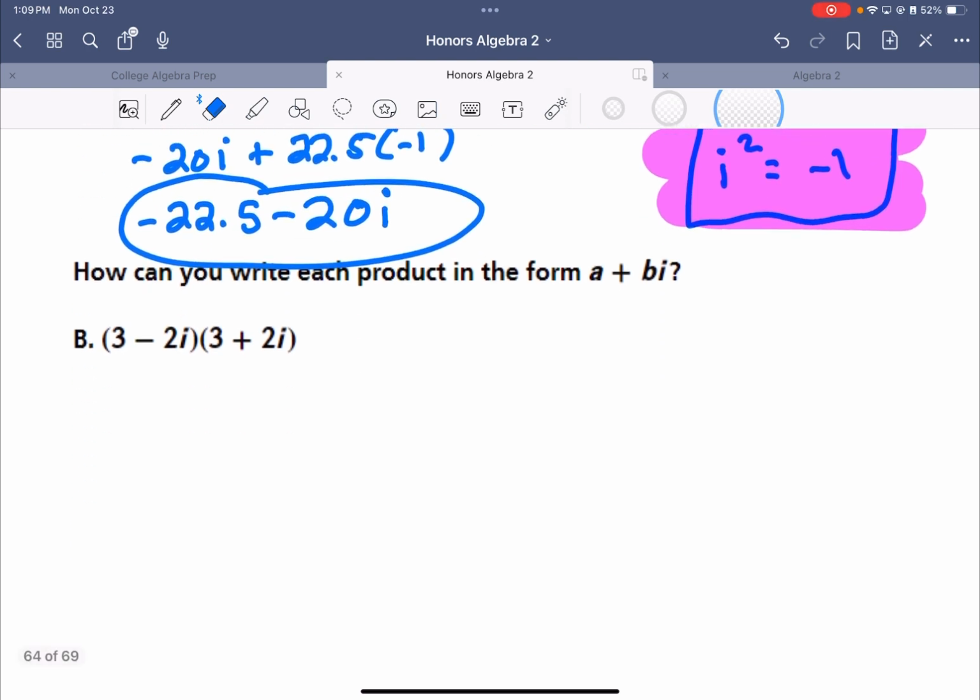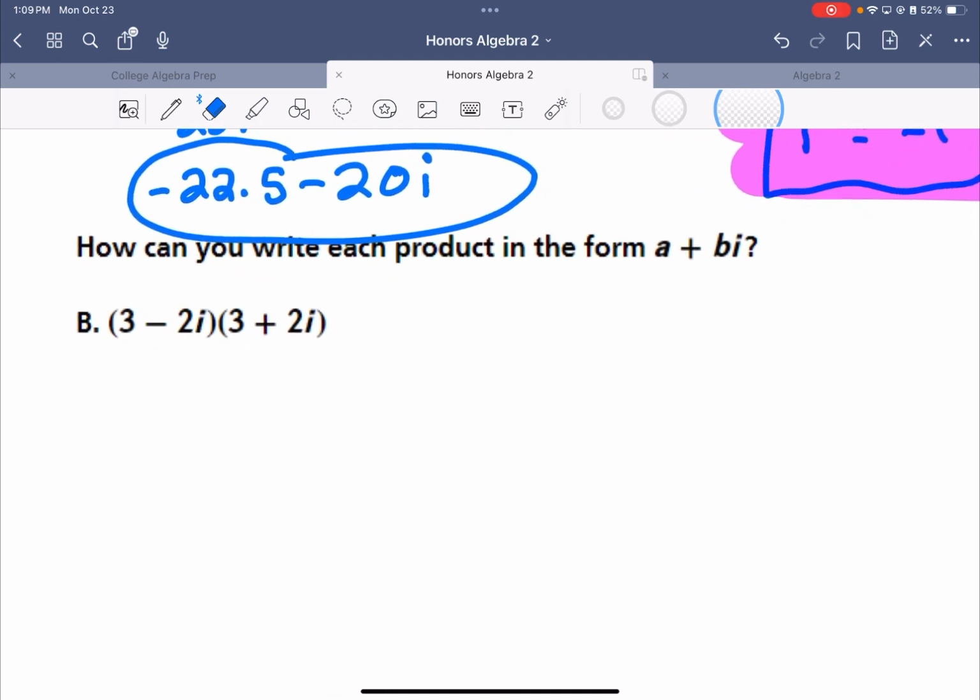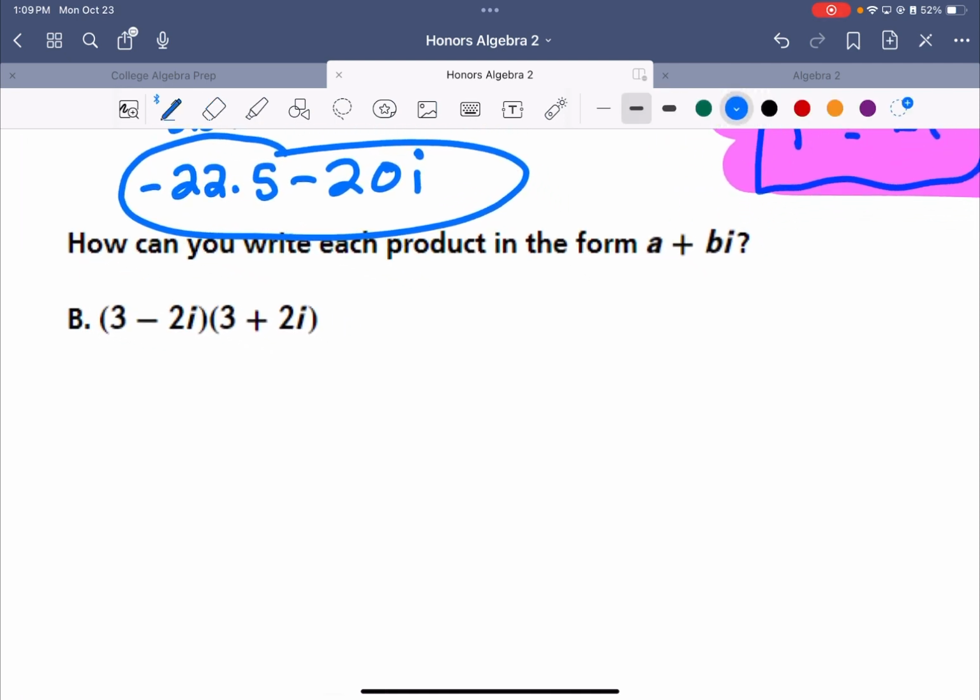So let's look at the next one. We've got 3 minus 2i times 3 plus 2i. So now I've got essentially two complex numbers that we're multiplying together. You have to FOIL it. We have to go first times the first. 3 times 3 is 9.